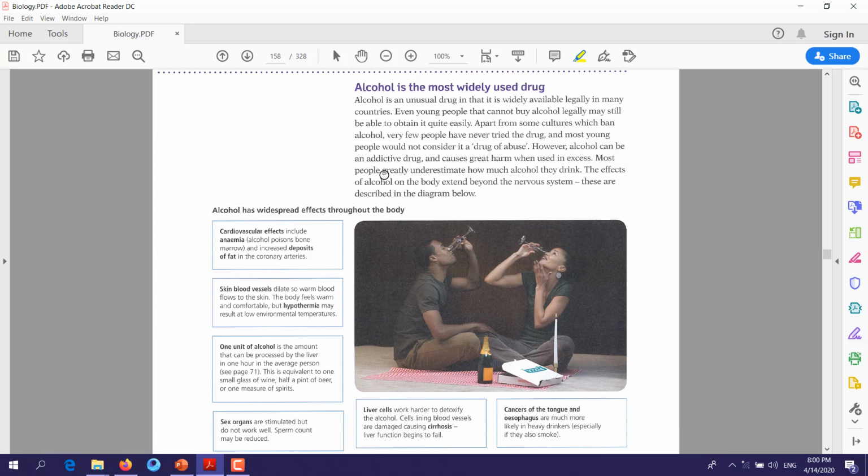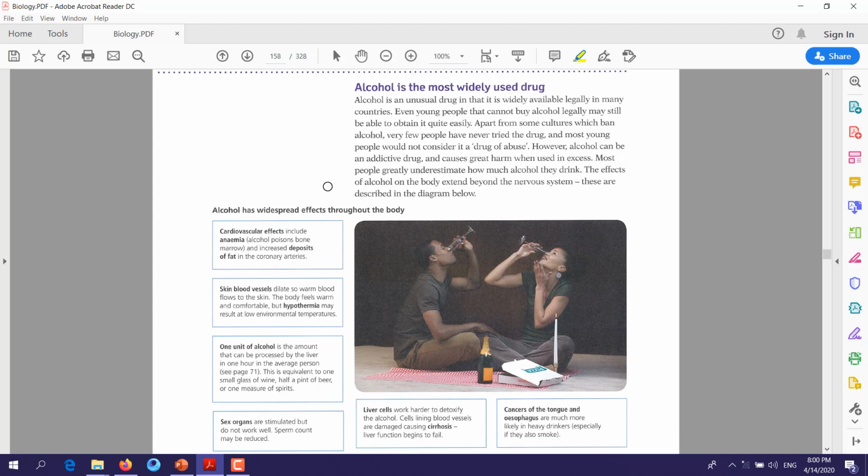Although some countries don't allow alcohol for every person, for example depending on the age of the person, even teenagers can get alcohol in many ways. As we explained before, alcohol.